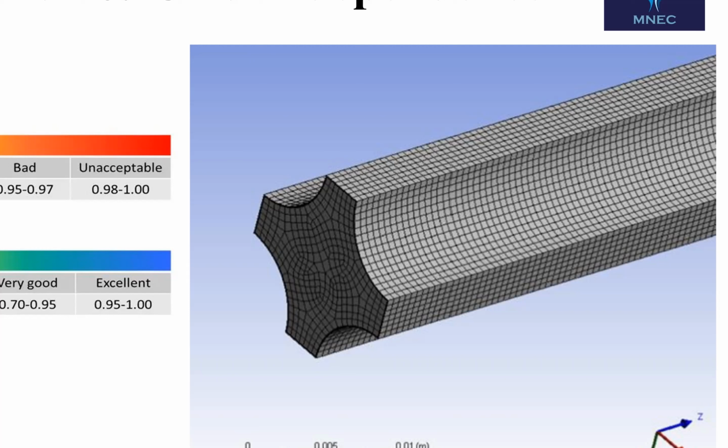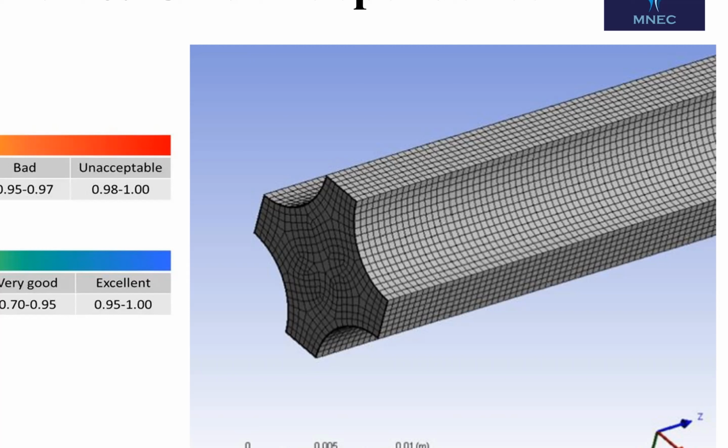So what we do is create the same experimental setup in ANSYS Fluent, and you give all the same parameters that you have given in your experimental setup, and then you run the simulation and match the global properties that you have found from your ANSYS simulation with the global properties from your experimental setup.